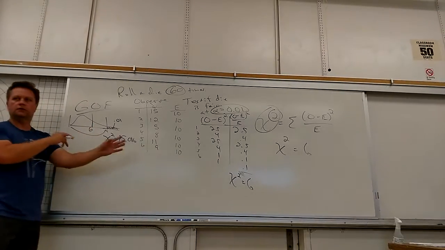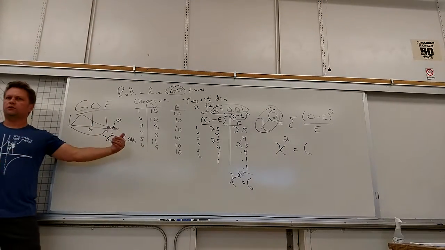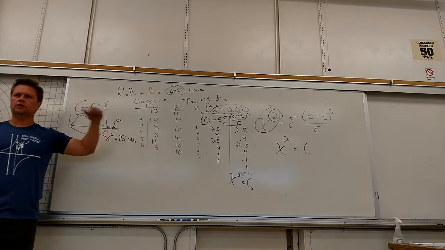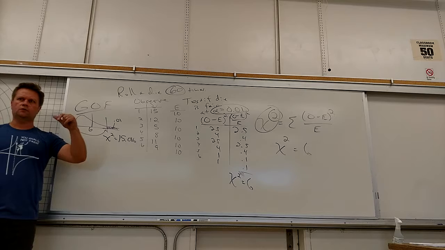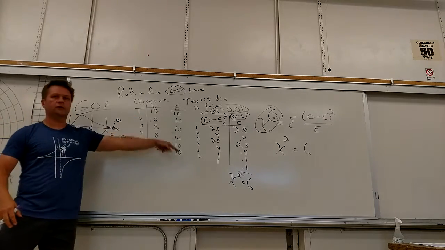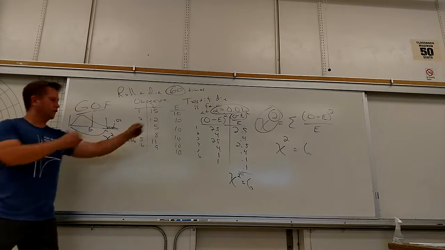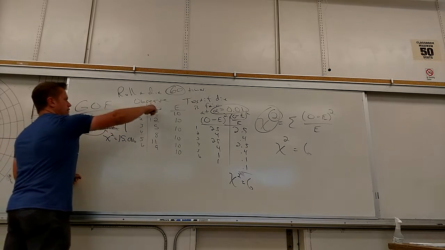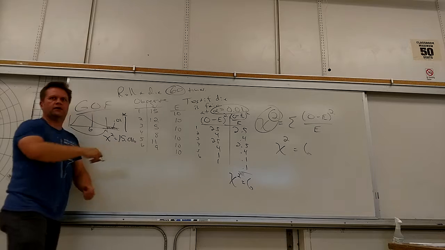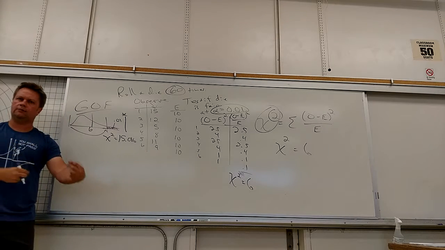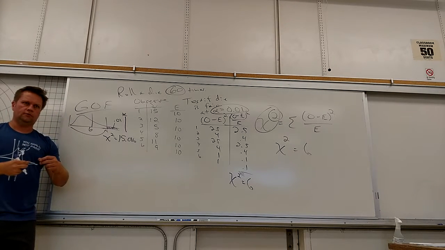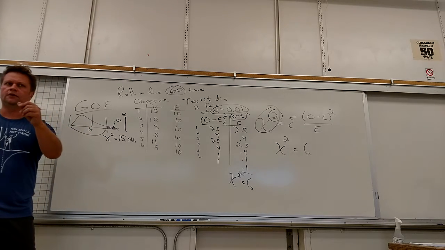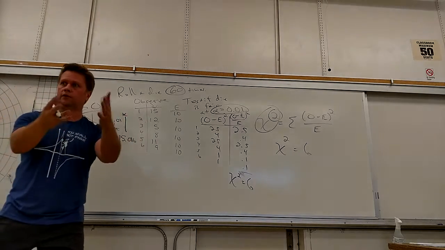That's 15. So, did we find evidence that it doesn't follow what we expected, or did we fail to find evidence? We failed to find evidence that this does not follow. It's not far enough away. So if it was in here, that's evidence that it doesn't follow what I expected. It would be evidence that somebody tampered with it, because it would be so far from what we expected, it would be a very low chance that would have just happened randomly.